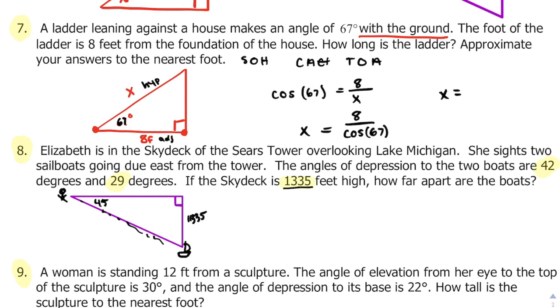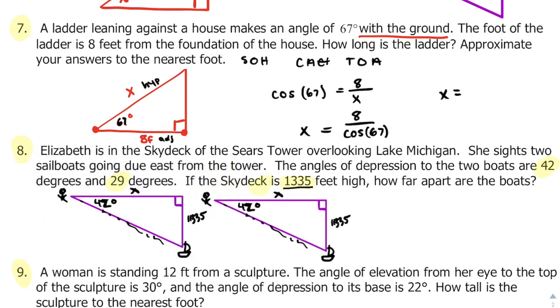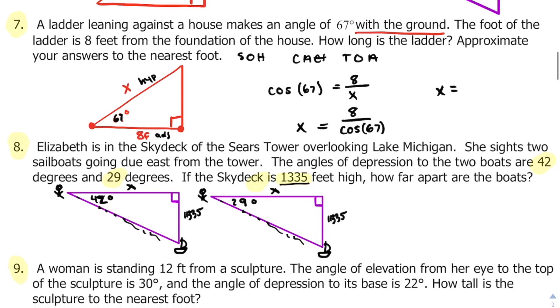So how we're going to do this, we're going to work these problems separately, and we're going to find the distance from her to the boat, and then we're going to find the distance from her to the other boat. And it'll be a different number because there's a different angle of depression.